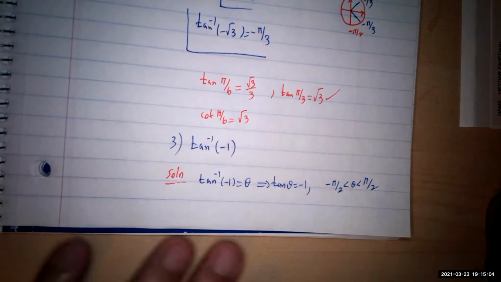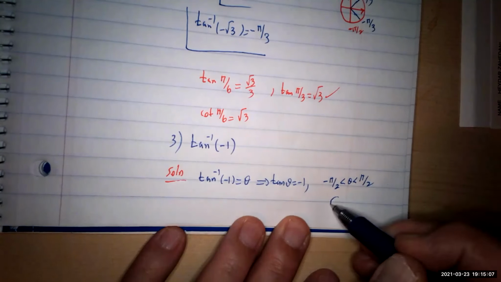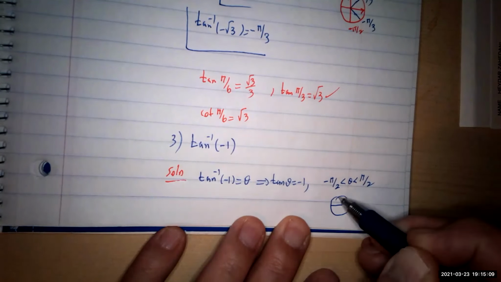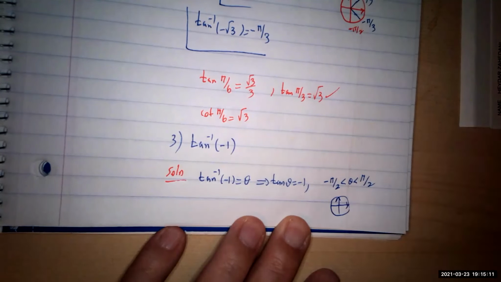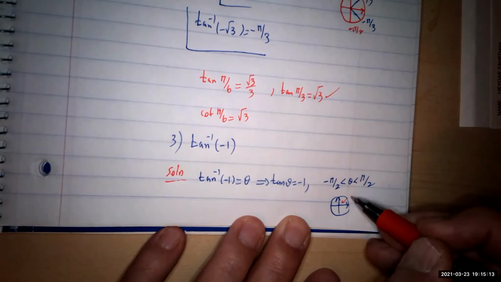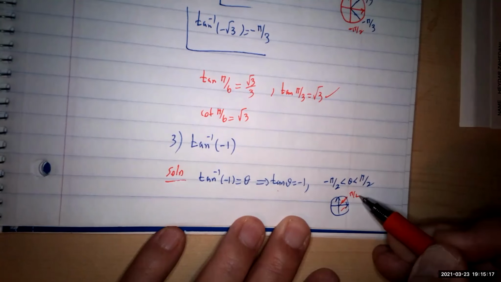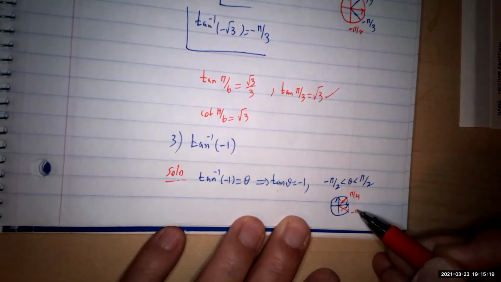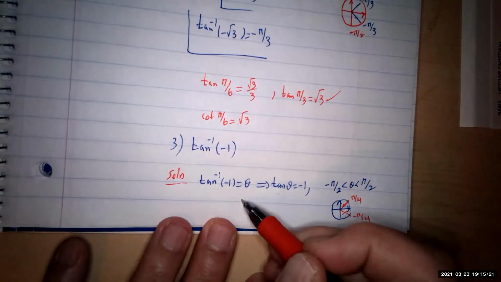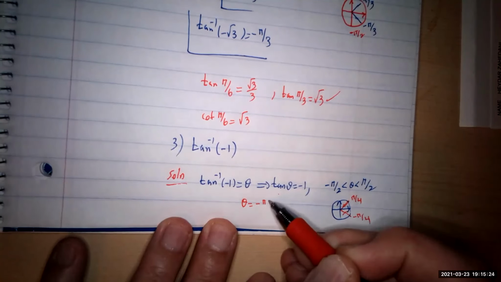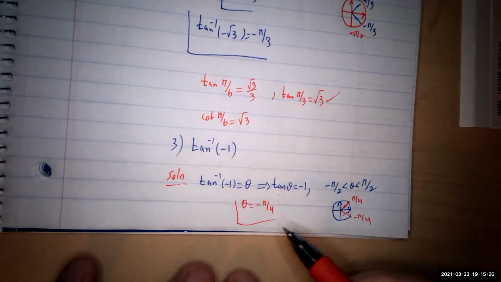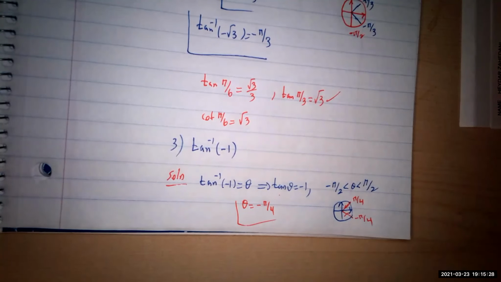Okay, so again, that's the same thing. You must be here or here. For the positive one, it's π/4, so you get -π/4. So theta is -π/4, not 135 degrees. So you have to be careful, especially for the tangent.